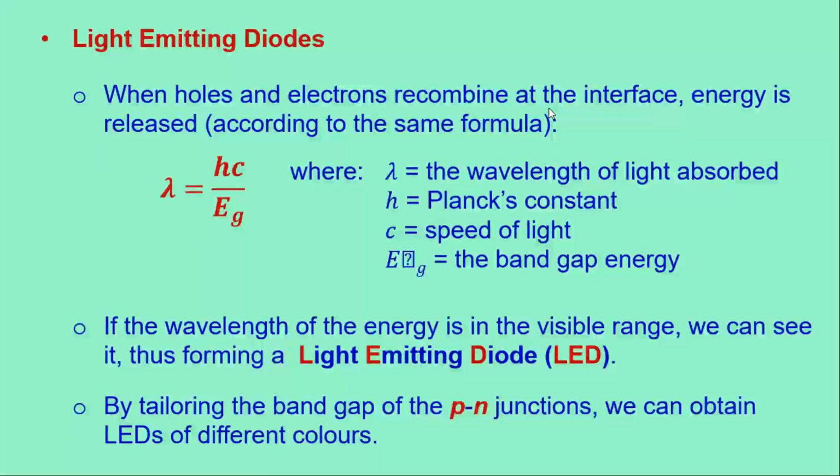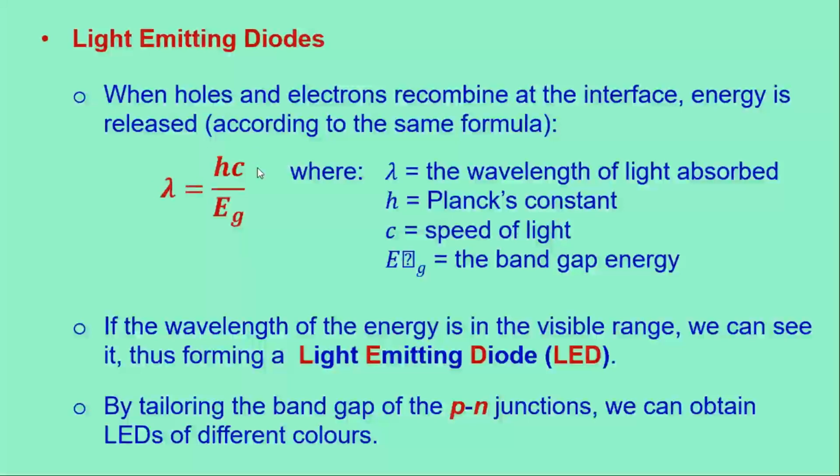Depending on the energy gap, we are able to produce light of different wavelengths, that is, light of different colors. In the case of a light emitting diode, this is visible light.